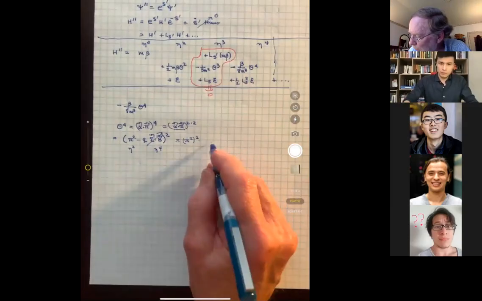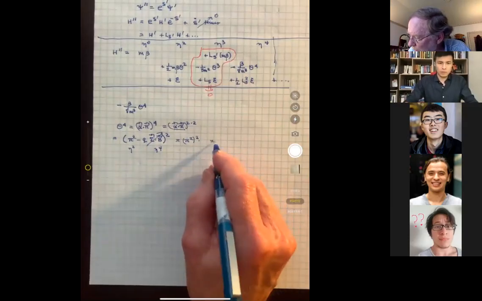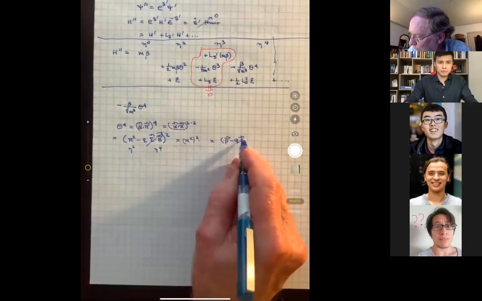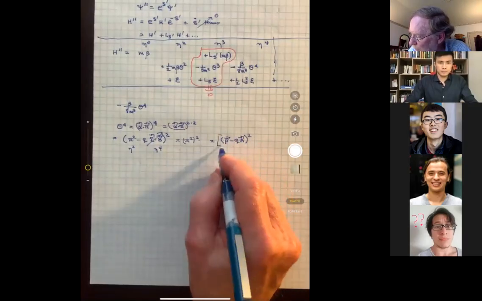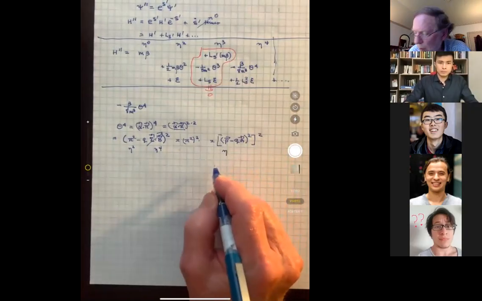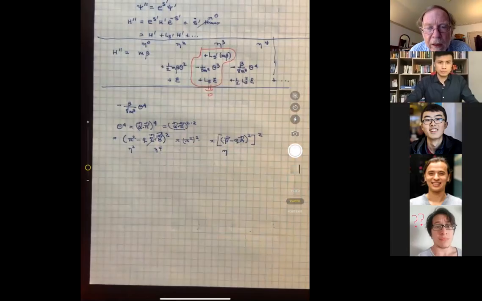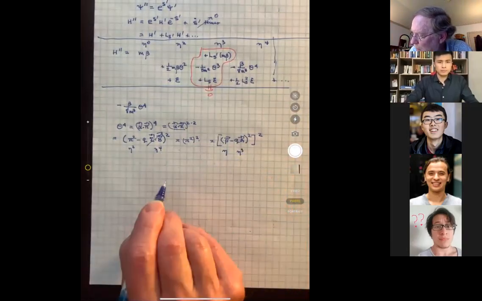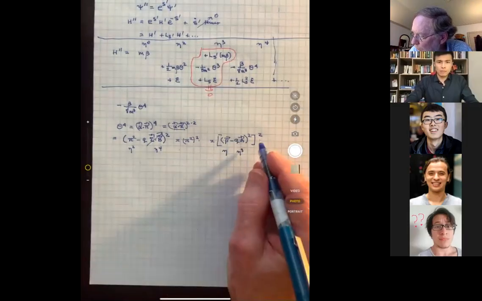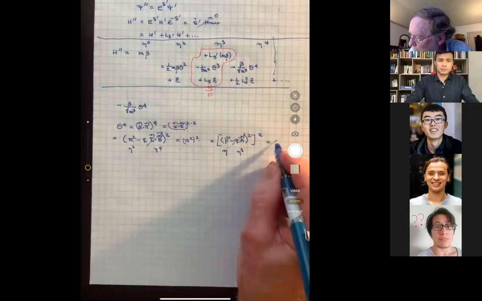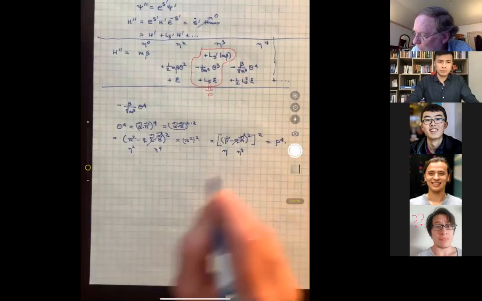Okay, but now pi squared is the same thing as P minus QA quantity squared. Now you see, that's what that becomes. P is a momentum, which is of order eta because it's basically like mv, whereas the QA, it turns out, is order eta cubed. And again, if you just want to evaluate this to 4th order, which is all we do, then the QA can be neglected, and the whole thing just turns into the momentum P to the 4th power.